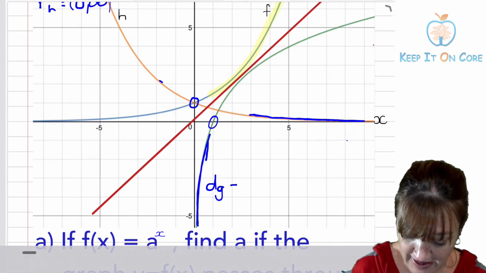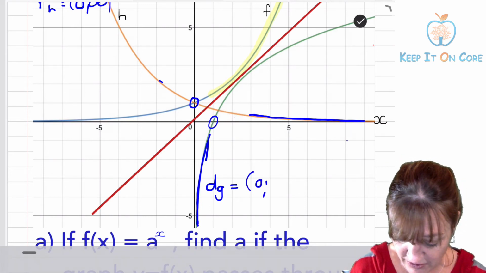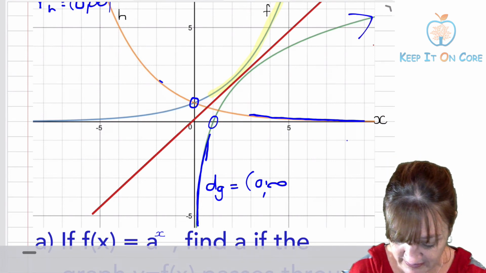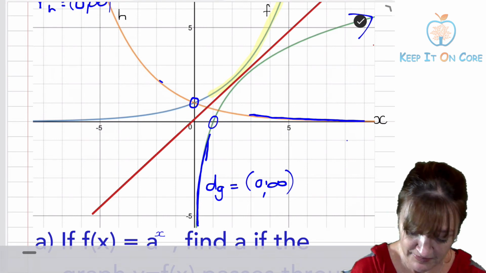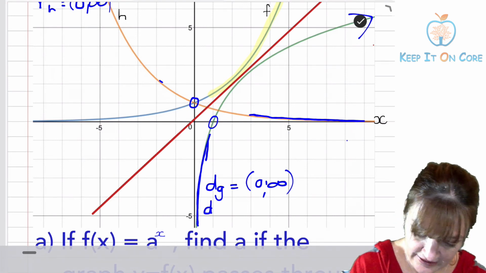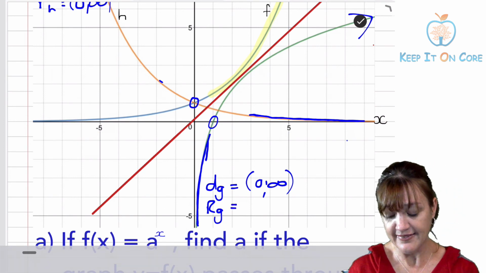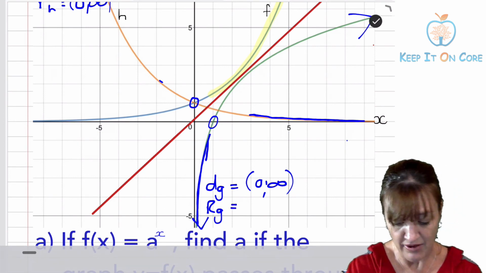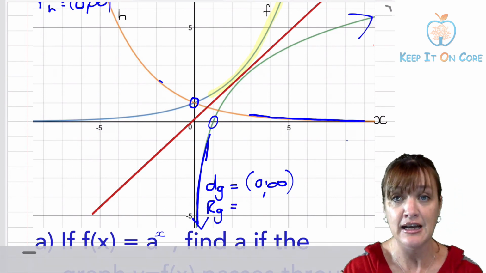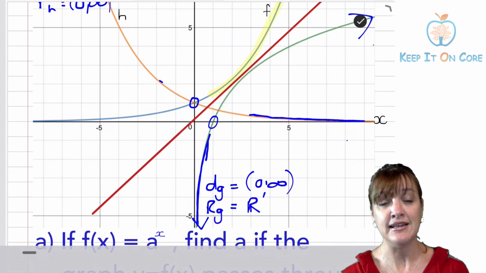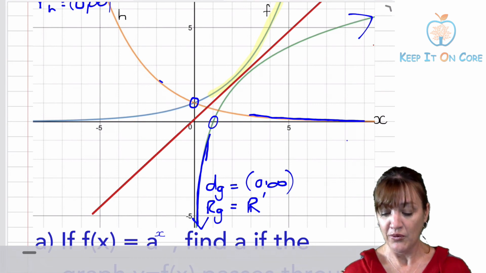So your domain is going to be going from 0, but then obviously it's going to head off into infinity on that side, so from 0 to infinity. But the range of graph g will be infinitely down to the negatives and infinitely up into the positives. So that will be an element of any real number. Okay. All right. So there we go.